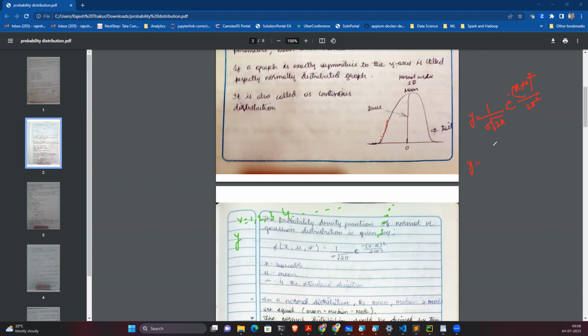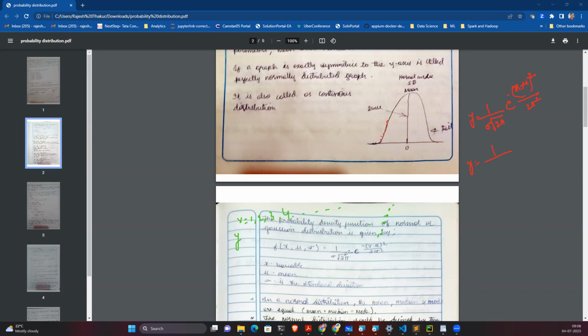Now, in order to calculate the y, we put values in the formula. What is sigma? Standard deviation, exactly. With the input x data, you can calculate the standard deviation and the mean as well.